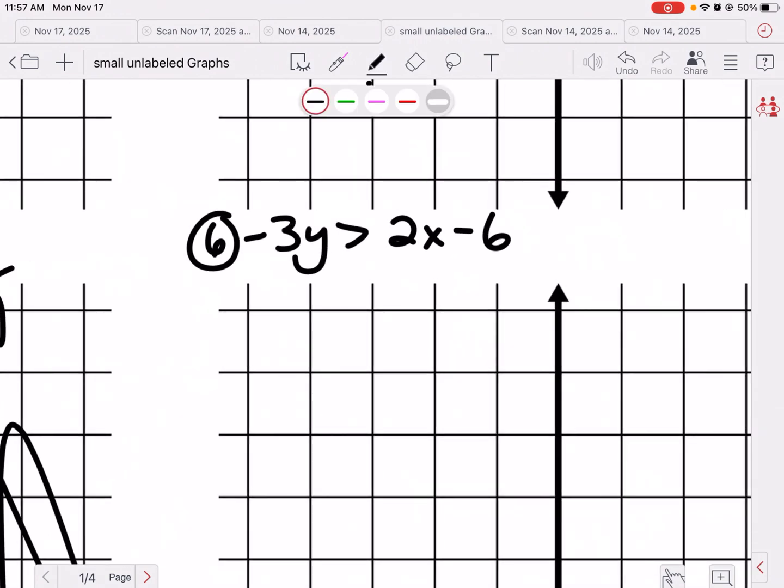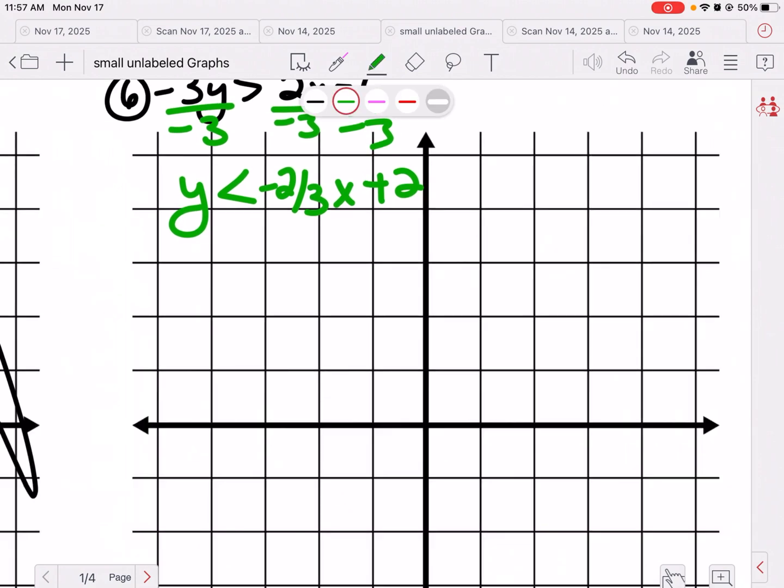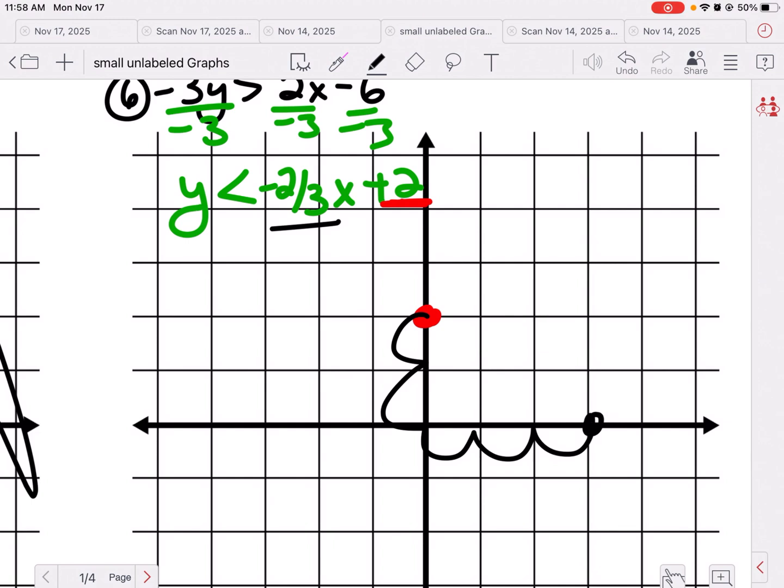Again, here we need to solve for y, so we're going to divide every piece by -3. So we're going to have y, since it's negative that we're dividing by, I have to flip my inequality. So this is -2/3 x plus 2. Again, we're going to graph that lovely y-intercept first at +2. My slope tells me to go down 2 over 3, and I'm going to plot my point there.